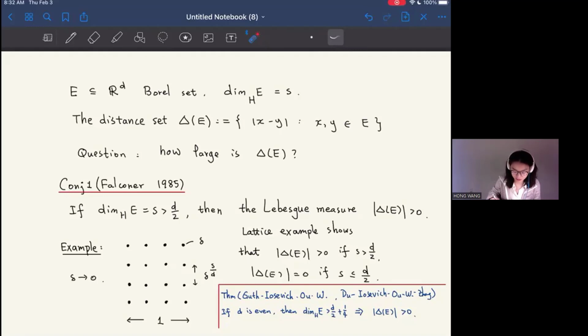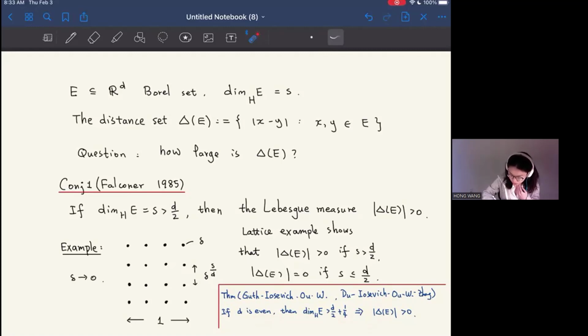The conjecture we are going to study today is a variant of this one. But before that, I want to report some of the bounds we had in recent years. Joint with Guth, Iosevich, and Ou, and also with Du, Guth, Ou, Wang, Wilson, and Zhang, we show that if d is even, and the Hausdorff dimension of E is greater than d/2 plus 1/4, then the distance set has positive Lebesgue measure.